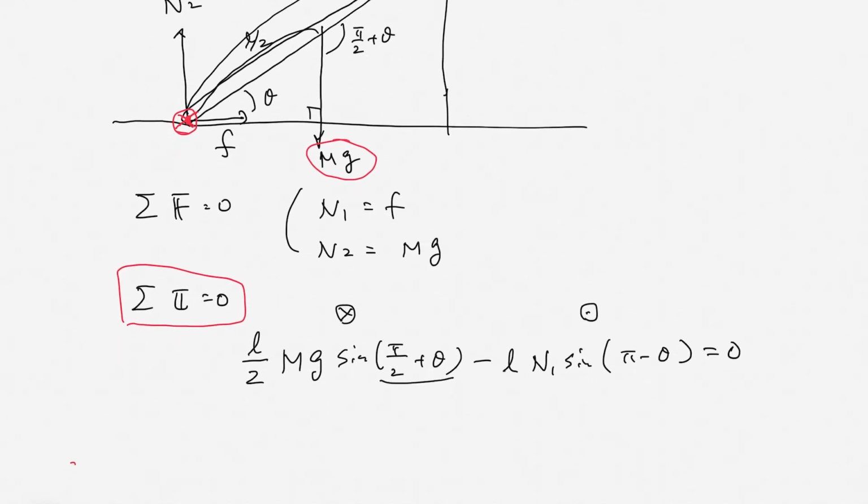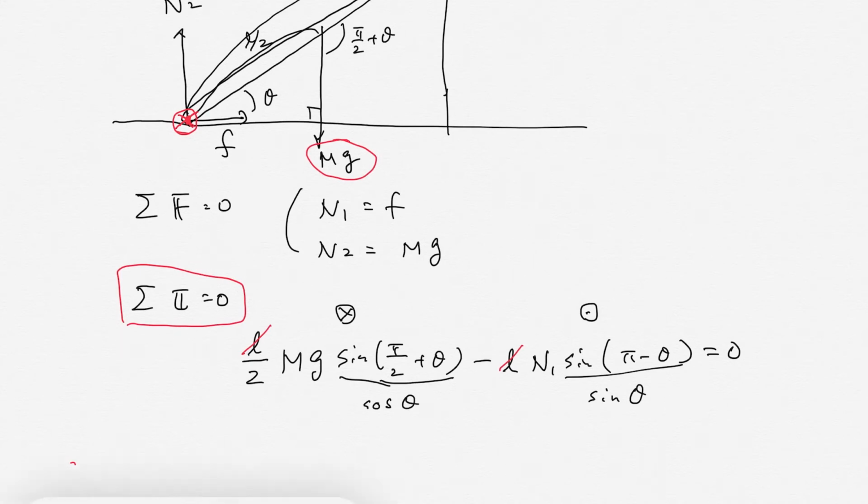So sine of pi over 2 plus theta is equal to cosine theta. Sine of pi minus theta equals sine theta. In these equations, L appears on both sides.